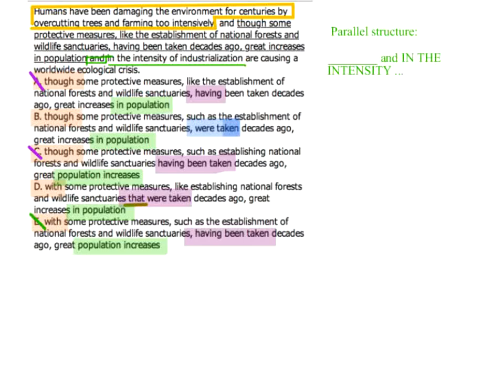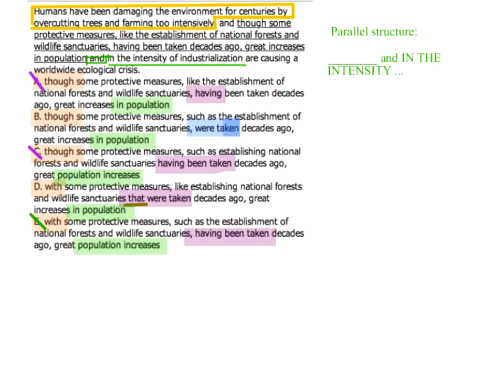And then there's a couple things wrong with D as opposed to B. Can anybody give me one issue with choice D? There's at least two things there that are problems.